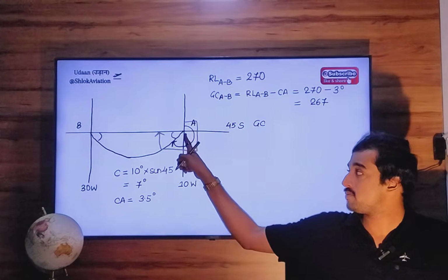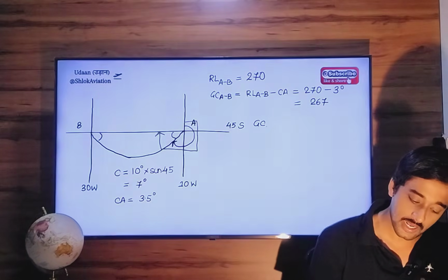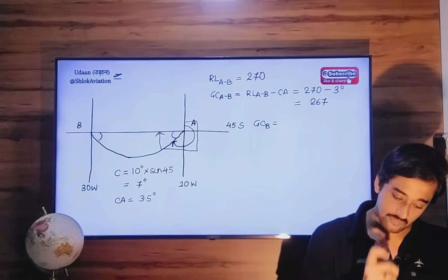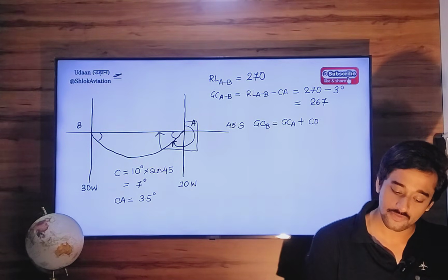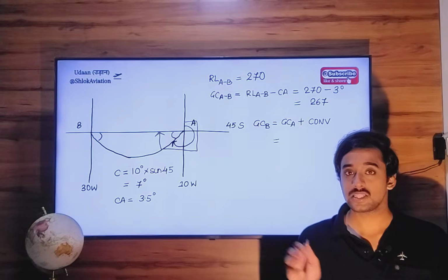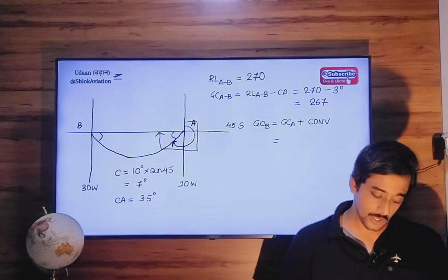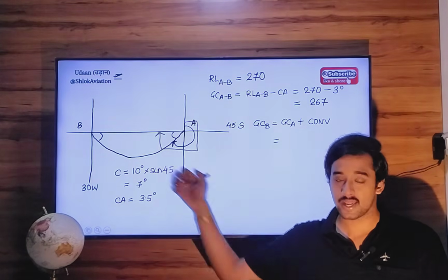So you start from here. What will be the great circle when you reach your destination? So great circle at B will be equal to great circle at A plus convergency. Why? The difference between two great circle tracks is equal to convergency. Now here you are in the south hemisphere and you are traveling in the westerly direction.